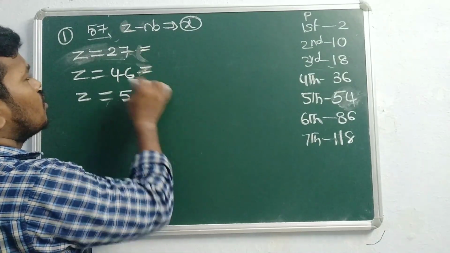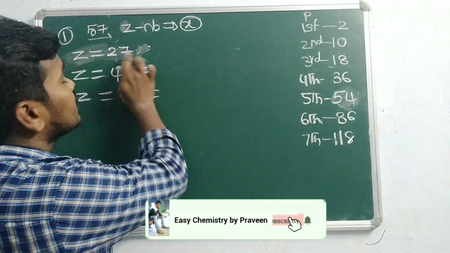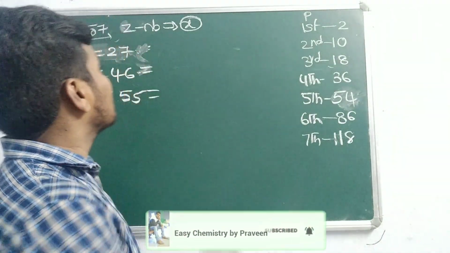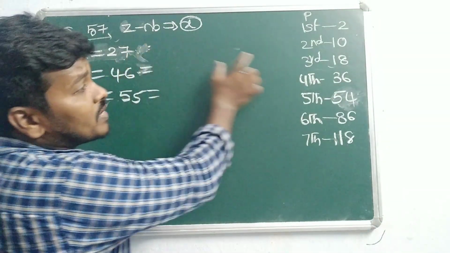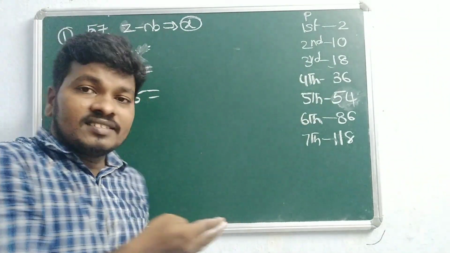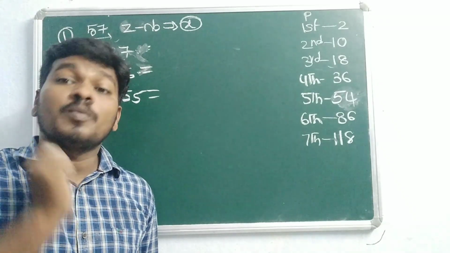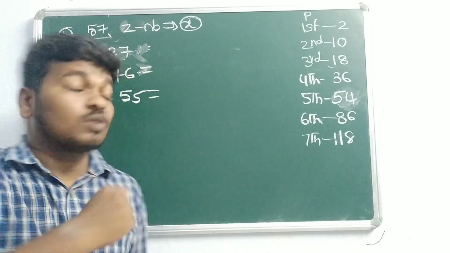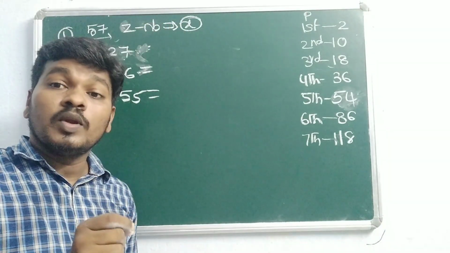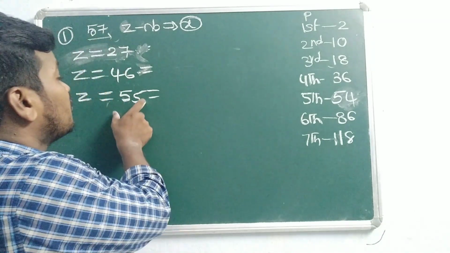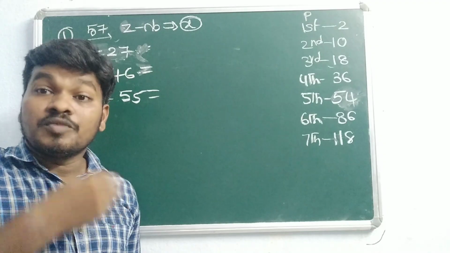While counting the group number, we have to remember that for the given atomic number, for example 27, we have to look at the noble gas atomic number before 27. Likewise, for 46, the noble gas before 46, and for 55, the noble gas before 55.